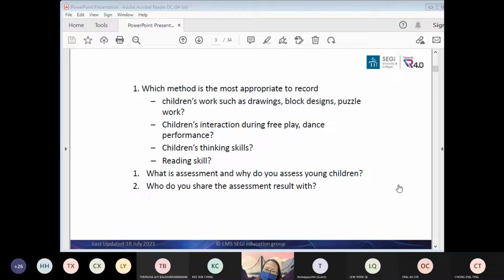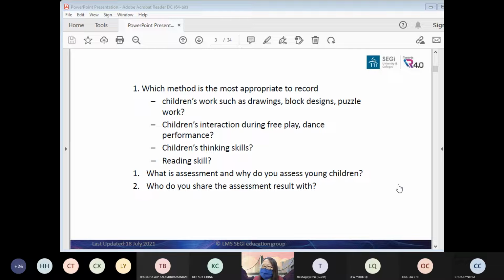Why do we assess young children? Why do we do observation, assessment? Why? Cynthia: To provide the parents or the educator some information about the child's development. About that child's development, yeah. Okay?